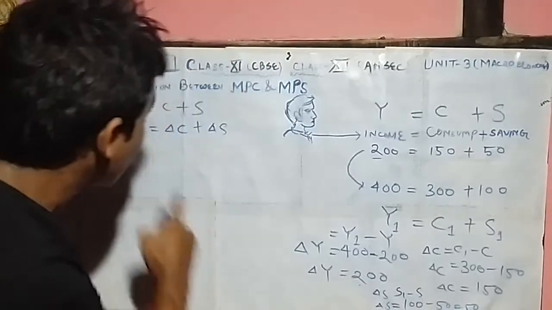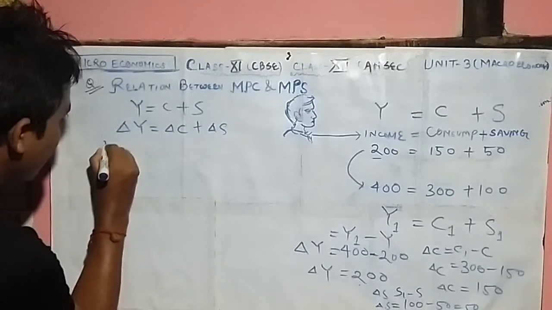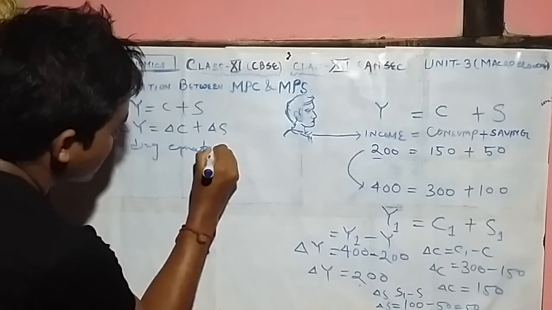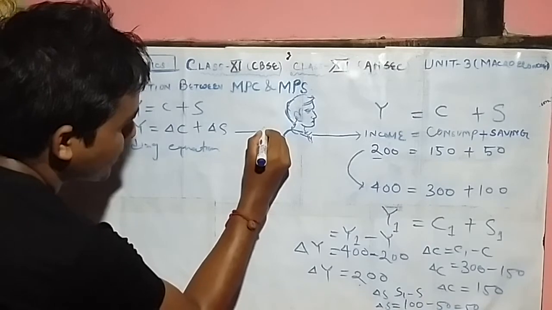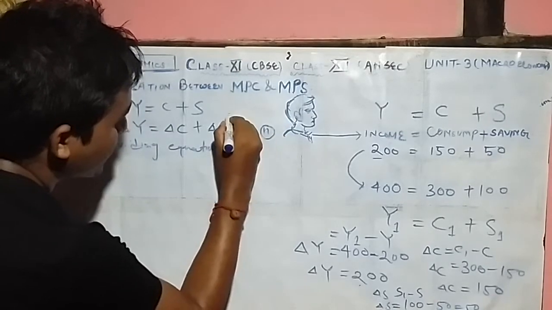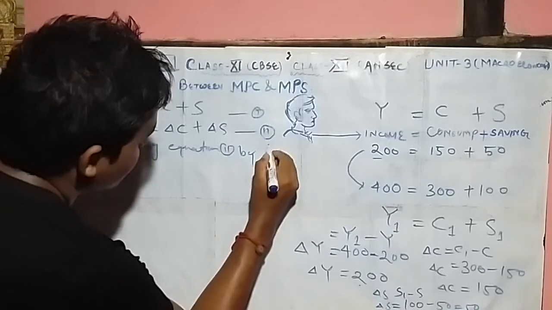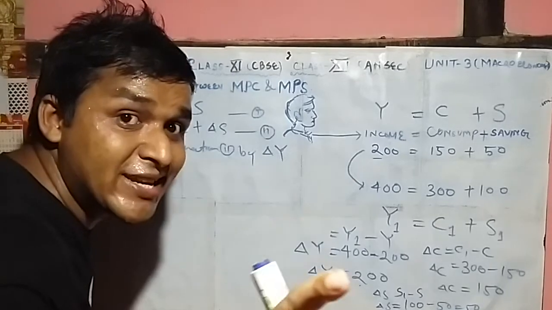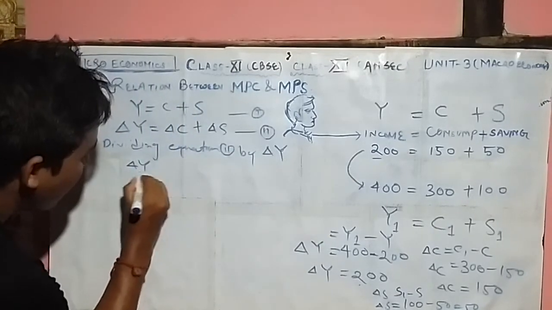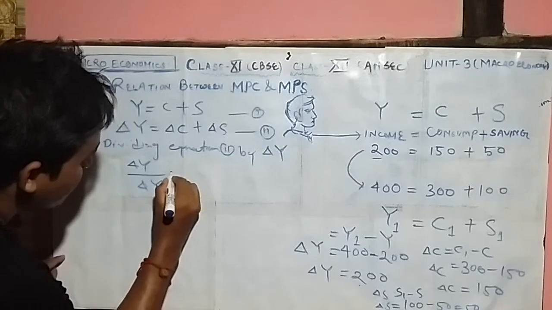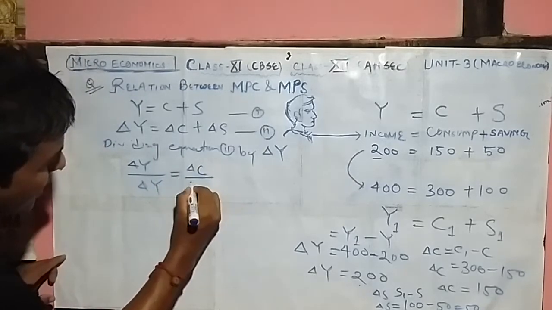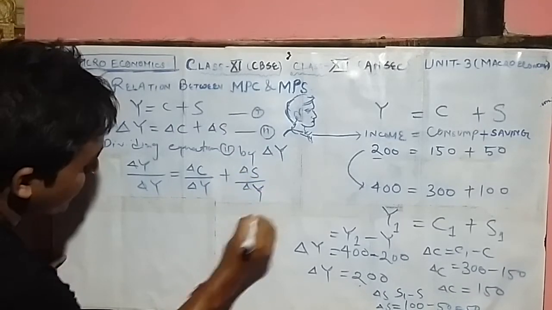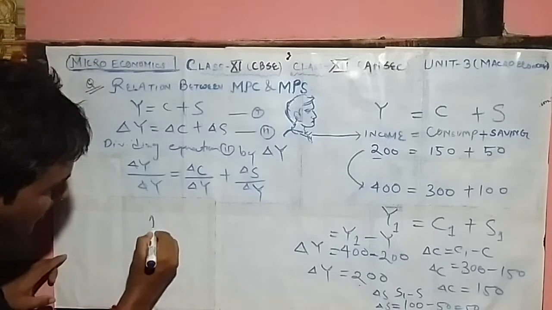Now let us divide equation number 2 by delta Y. So delta Y by delta Y equals delta C by delta Y plus delta S by delta Y. Delta Y by delta Y is 1.